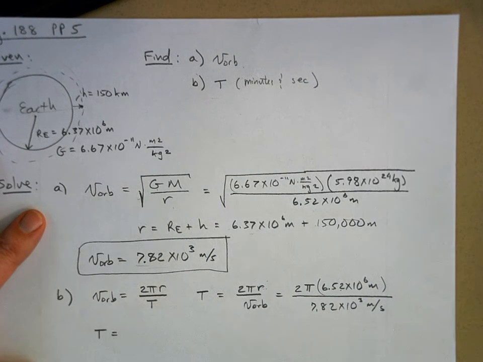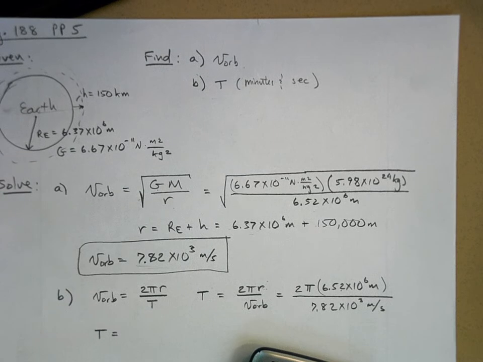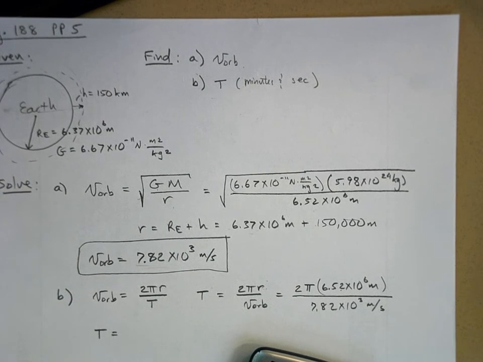So let's see what we get. 2 times pi, this calculator has pi on it.